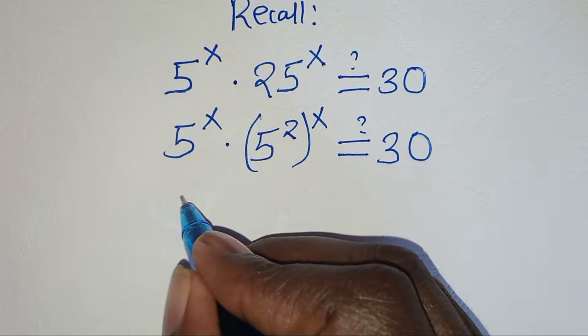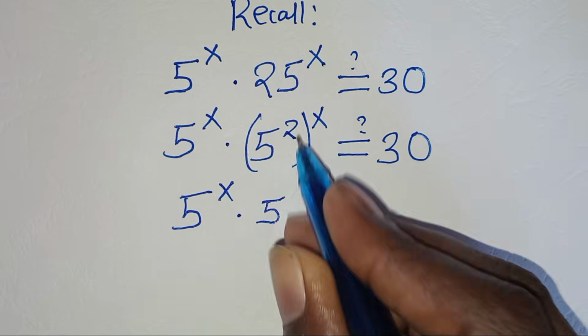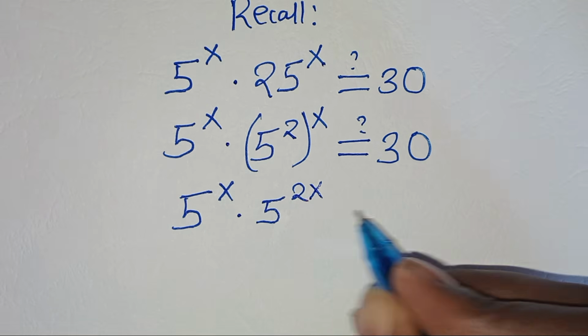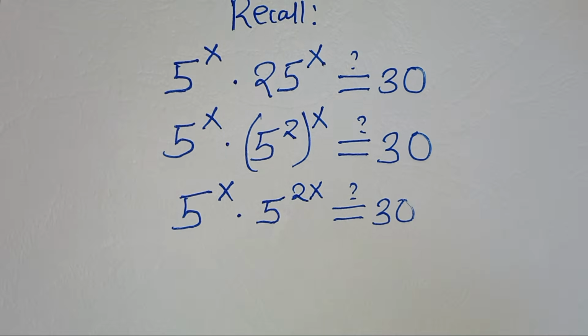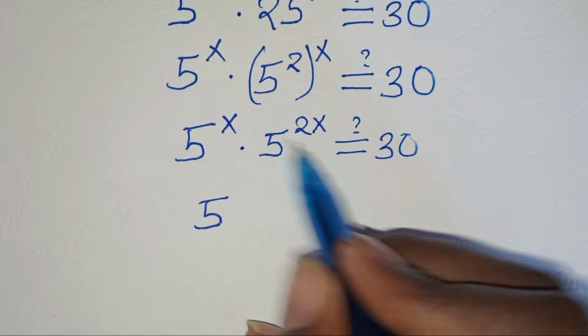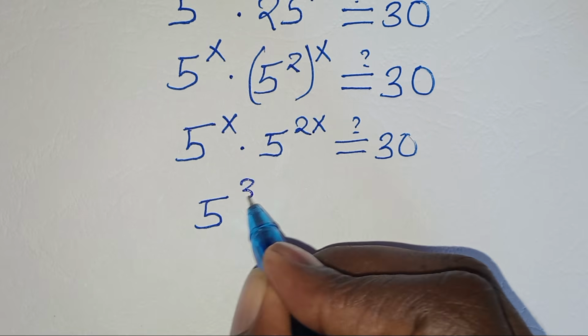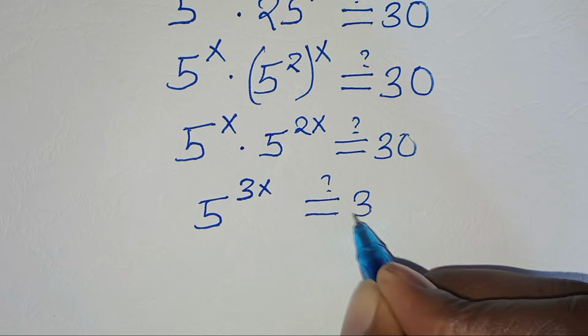Now, here we have 5 raised to the power of x times 5 raised to the power of 2x. This should give us a value of 30. So we have 5 raised to the power of x plus 2x, this is 3x. This should give us a value of 30.